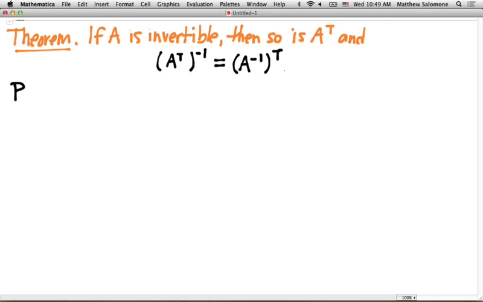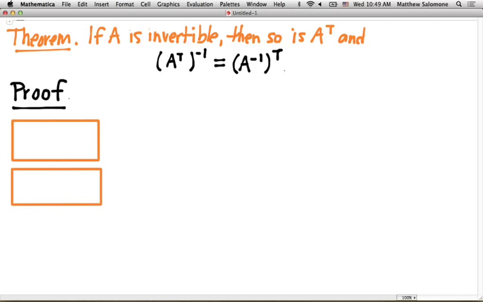So let's prove that. And again, the two ingredients that we need are, first of all, that when I multiply two matrices and then take their transpose, I get the product of their transposes in the opposite order.